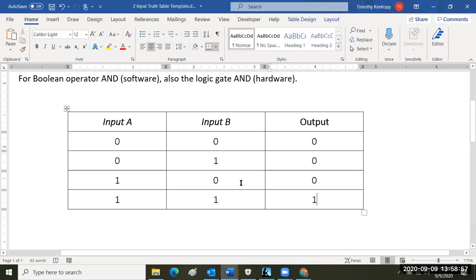What do I mean? Let's say for not, all right, so not doesn't have 2 or more inputs. Not only has 1 input and 1 output. So not is different.